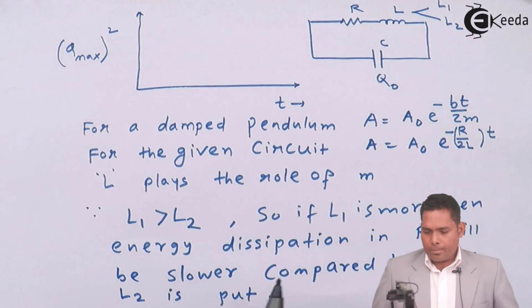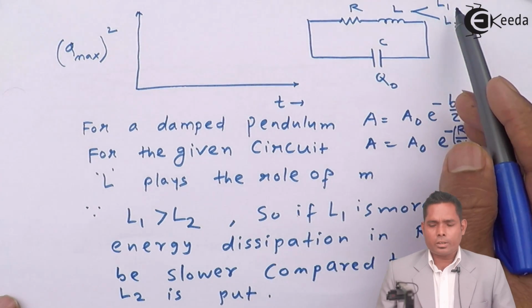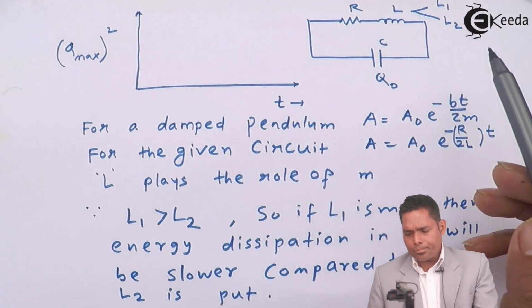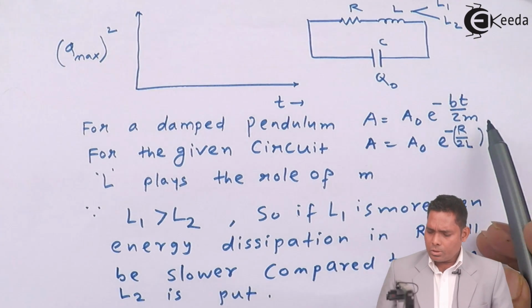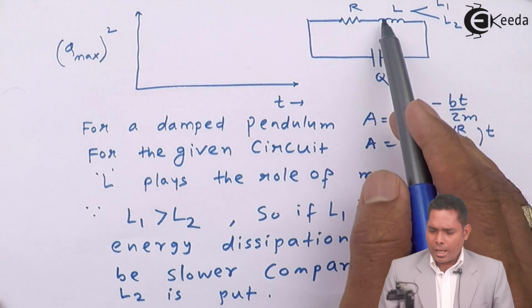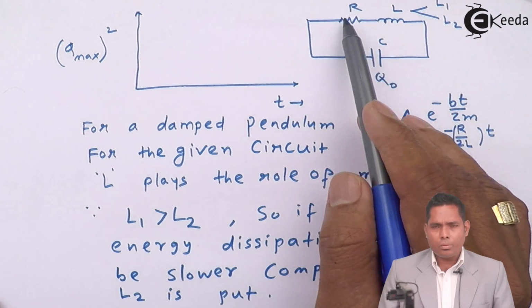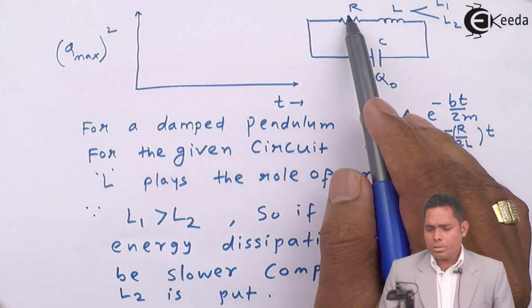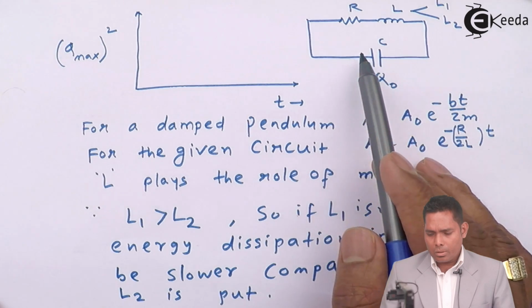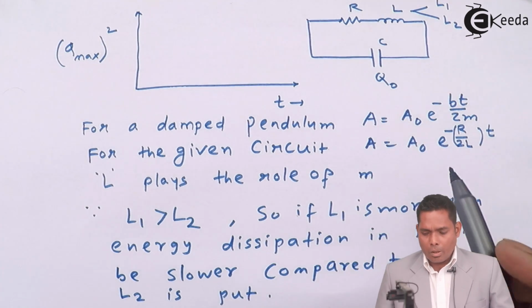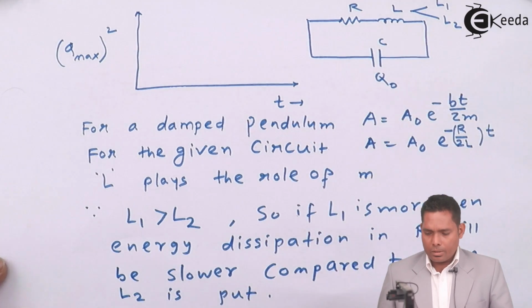What is the meaning of this? If I have two inductors L1 and L2, and this is the higher value, then the energy lost in the form of heat in the resistance will be slower, because if L is higher, the energy loss will be slower, compared to when I connect L2 in the circuit.